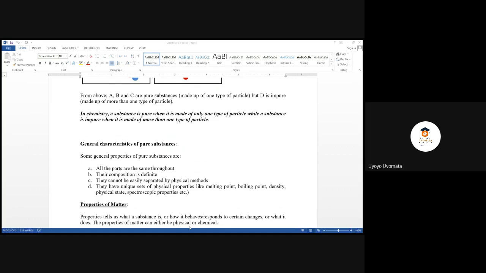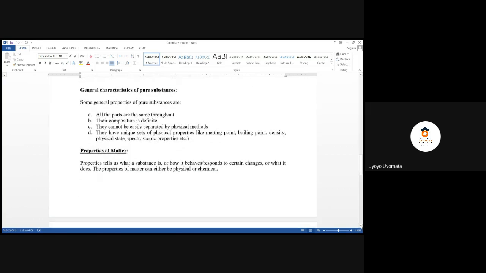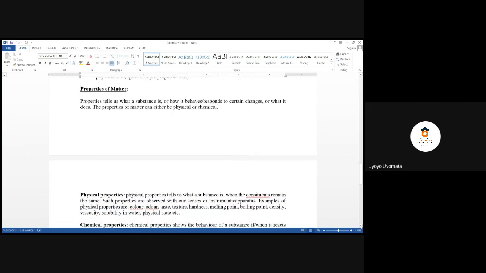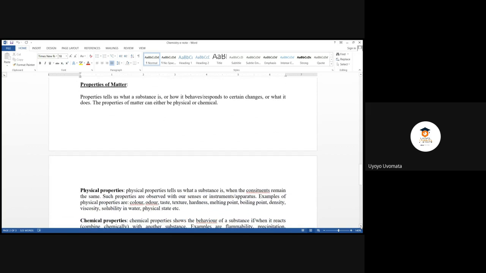Let's move on to the subheading there, properties of matter. We've been discussing matter thus far, so we want to see some properties matter can take up, or some ways we can use to identify or describe a given matter.